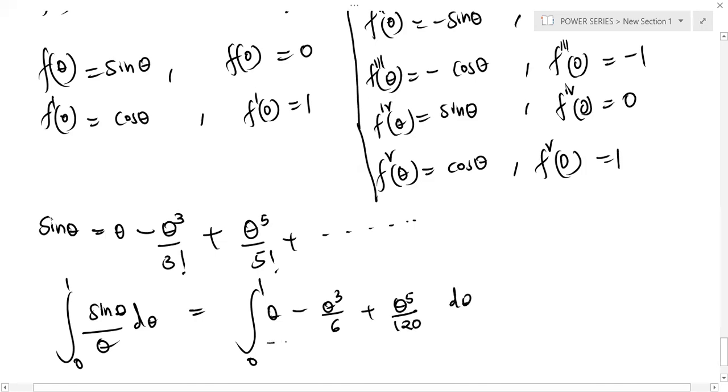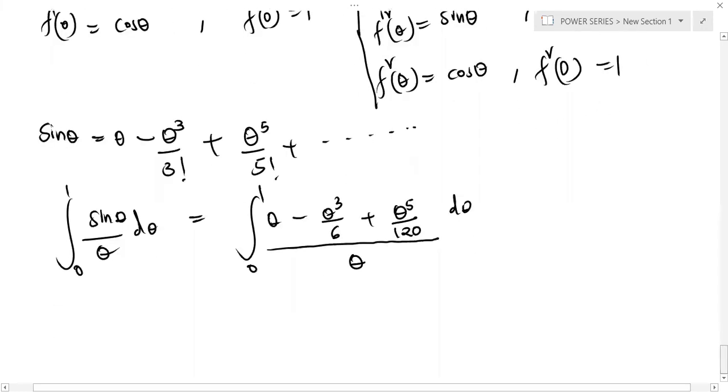And all this is divided by theta. Now we can comfortably divide each term by theta and then integrate. So from 0 to 1, theta divided by theta gives 1 minus theta squared over 6 plus theta raised to power 4 over 120 d theta.